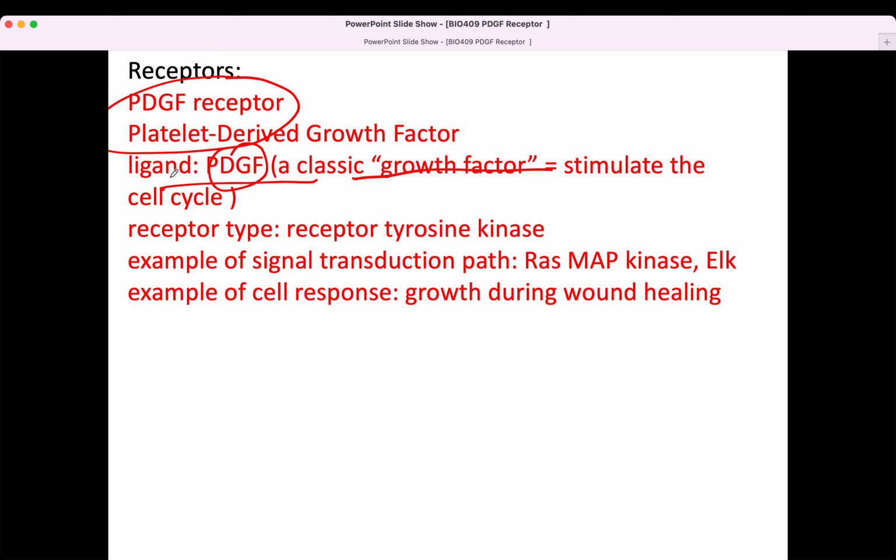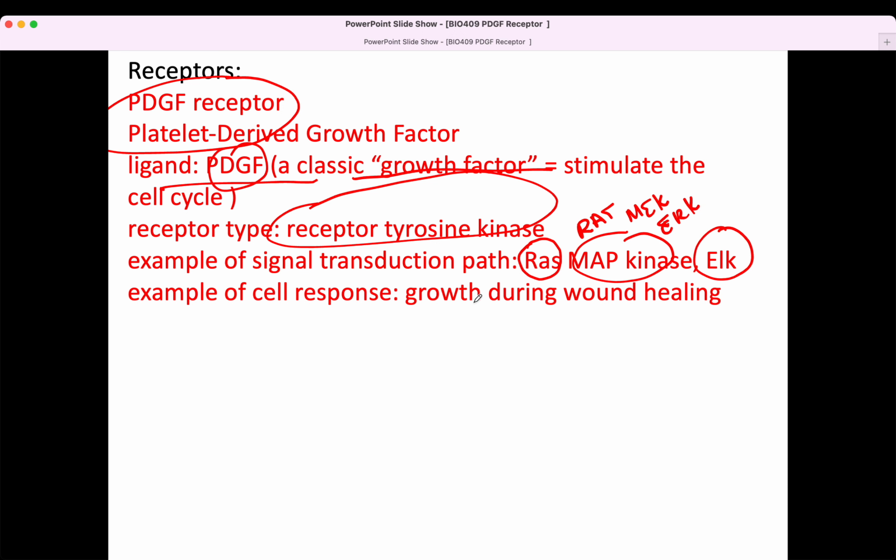PDGF is platelet-derived growth factor. The receptor is a receptor tyrosine kinase, so it's a good example of that. We'll learn about a couple of other examples. And the signal transduction pathway happens, and we have famously RAS, and that RAF, MEK, ERK are all together called MAP kinases, because they're kind of doing the same thing, the signaling pathway cascade to amplify the signal.